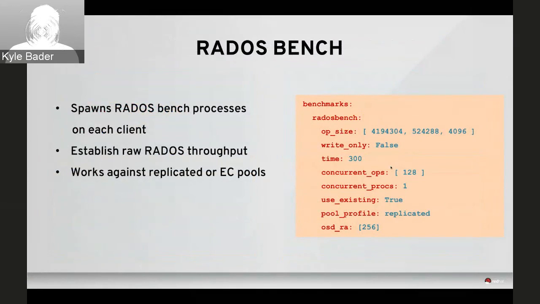There's the use_existing equals true option. That's something you would use if you didn't want CBT to create the cluster. And then you can specify the pool profile. If you're having CBT create the cluster, you can have it also set the read aheads.